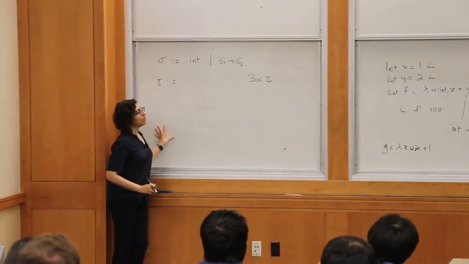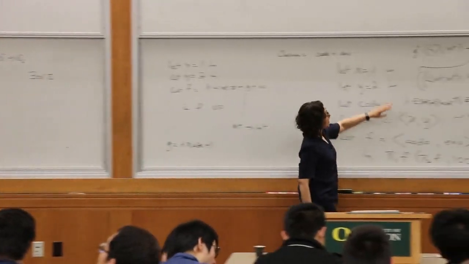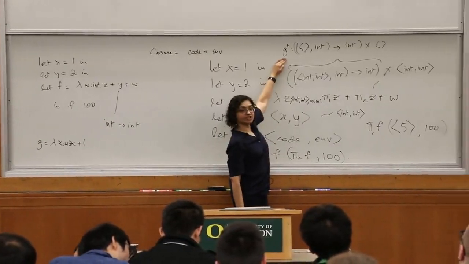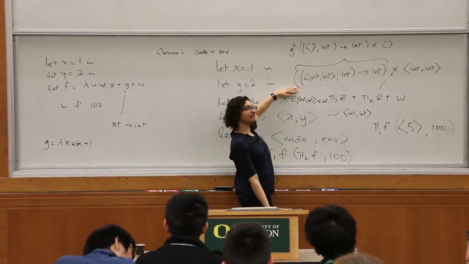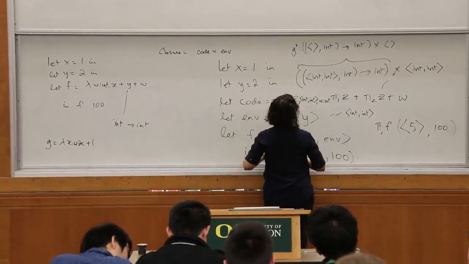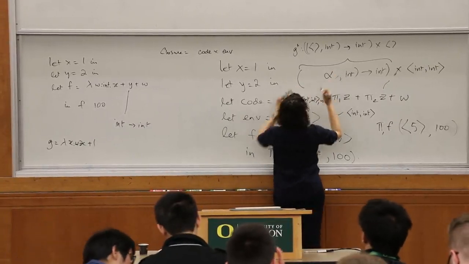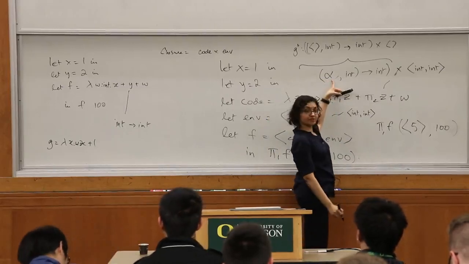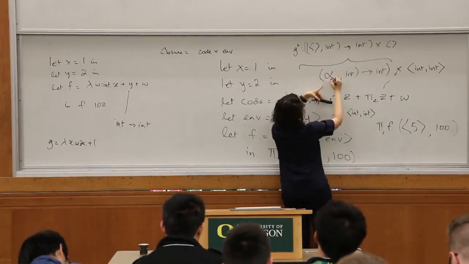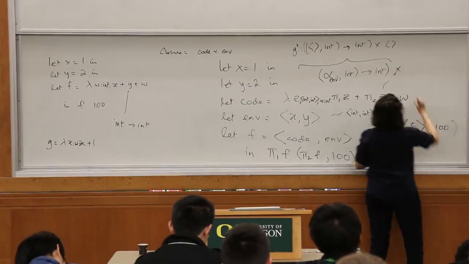Okay, so what I want to do is, instead of giving the translation of g this type and the translation of f this type, I want to make that environment hidden, which means that I want to abstract over it. So I want to give them both the type: there is a function that takes an abstract type alpha, where alpha stands for the type of the environment, but it's hidden.